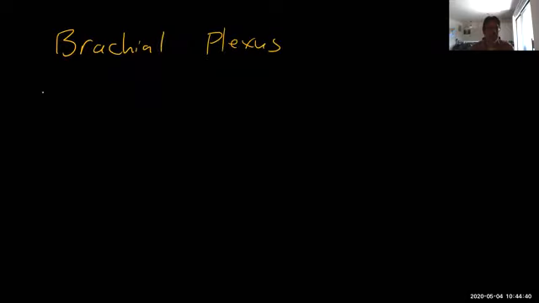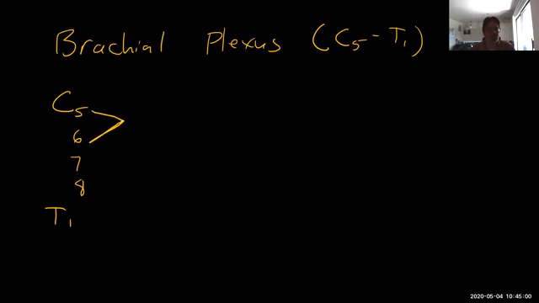This is derived from C5, 6, 7, 8, and T1. So it goes from C5 to T1. And here's what happens. The nerves from C5 and C6 come together like this, and they form a trunk. The nerves from C8 and T1 also come together to form a trunk.